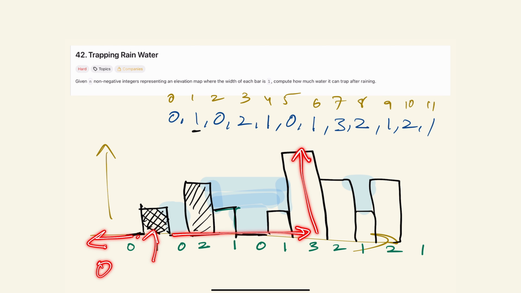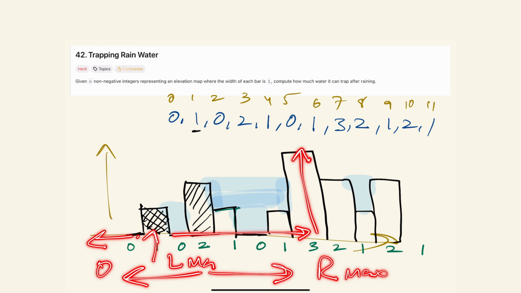With these two heights, the max height on the right side I will say right max, and on the left side I will say left max, based on which position I am standing. For example, I am standing here, the right max is 3 and left max is 0.